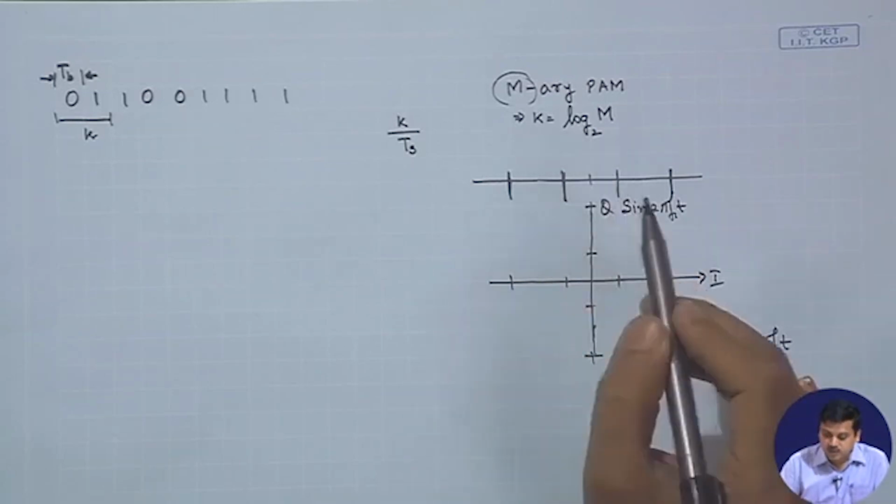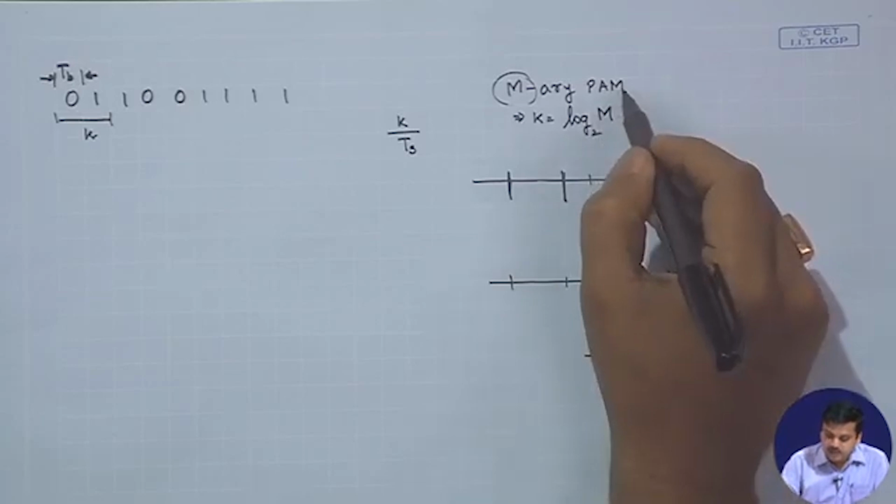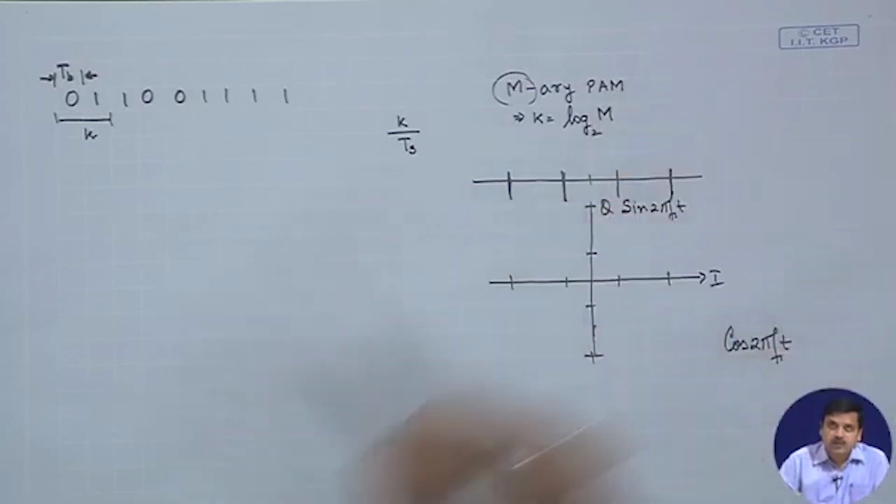However, we should remember that in case of PAM, since ordinarily it looks like a DSB modulation, you could as well go for an SSB modulation, that is single sideband modulation, and the spectral efficiency that you would obtain by doing SSB would be the same as you would do QAM with DSB on both the I channel and Q channel.